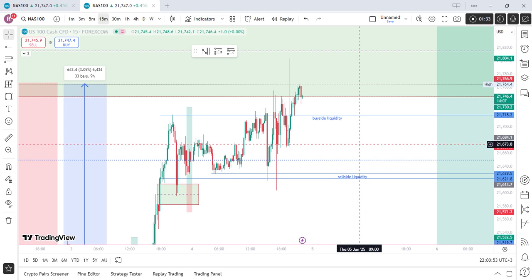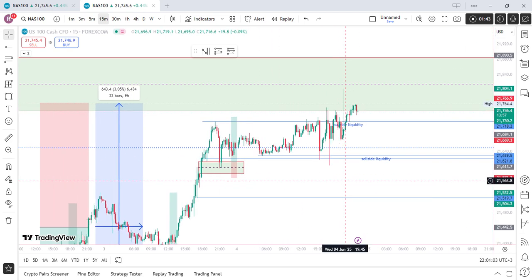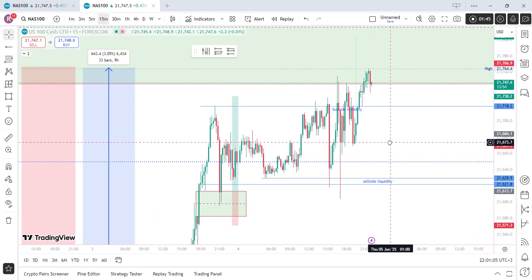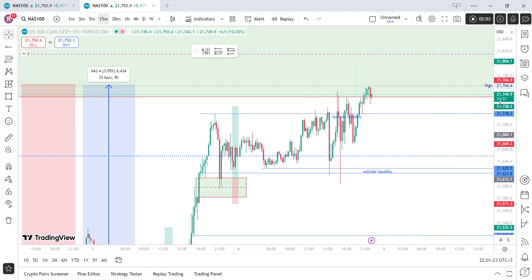So, guys, let's now talk about the most important liquidity pools. The most important liquidity pools are previous highs and lows. That can be last month's previous highs or lows, it can be weekly, last week's previous highs or lows, it can be daily, last day's previous highs or lows, or it can be session based, like previous session highs or lows.